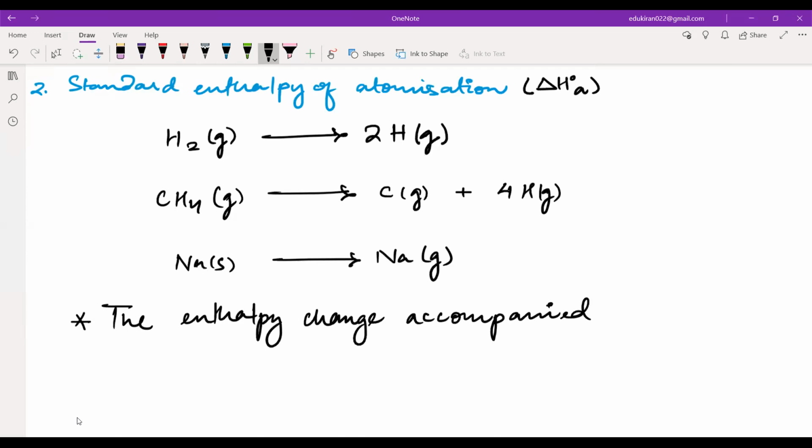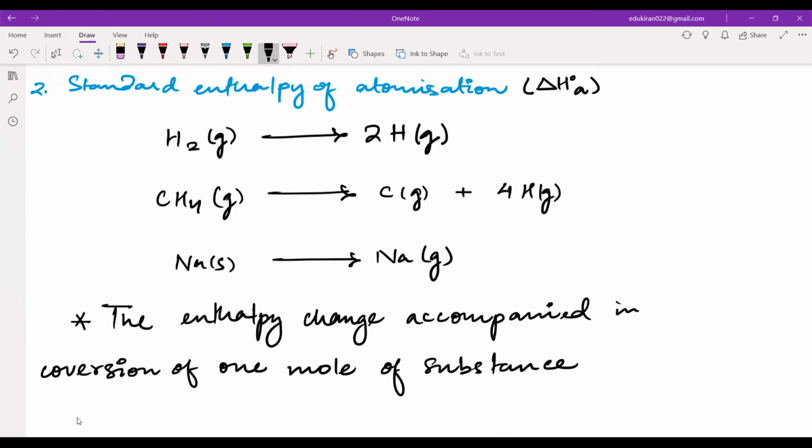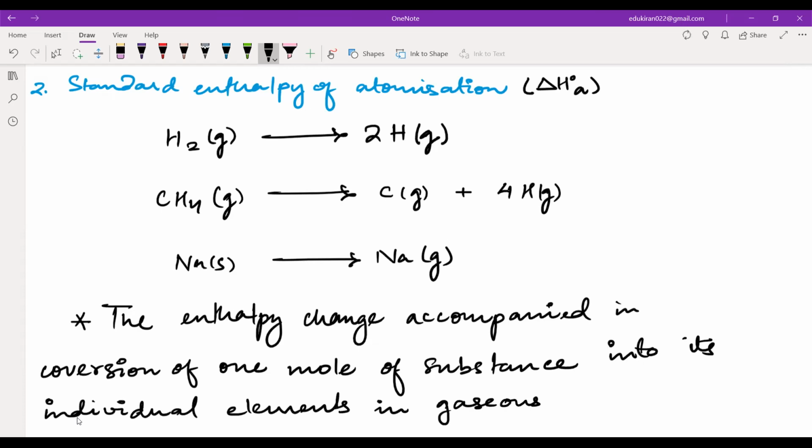The enthalpy change accompanied in conversion of 1 mole of substance into its individual elements in gaseous state.